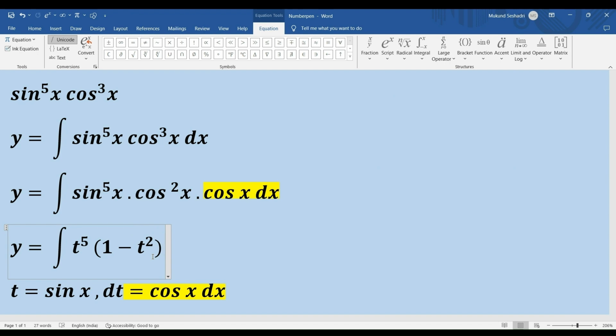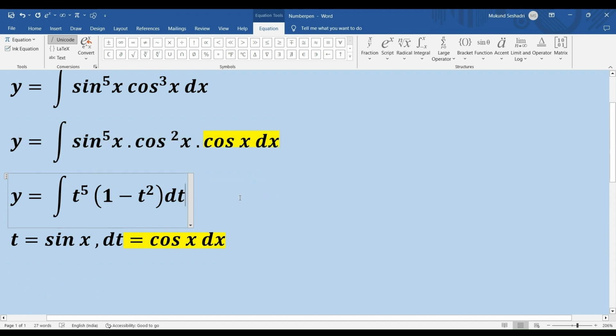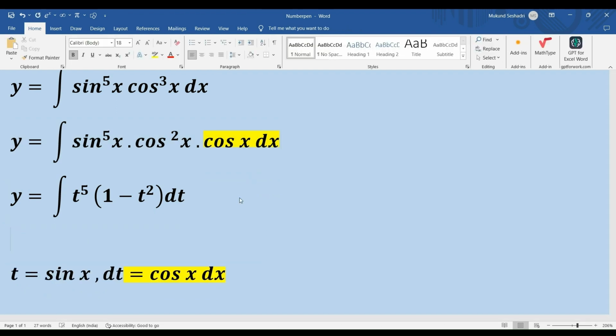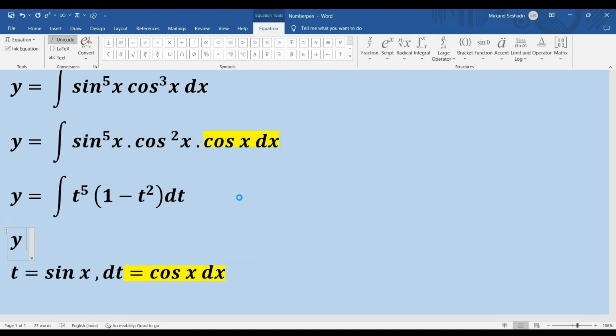Then I come to my cos x dx. I know that it is nothing but a dt, right? That also stems from our substitution that we made. So now I have y equals the integral of t to the power 5 into 1 minus t square dt.